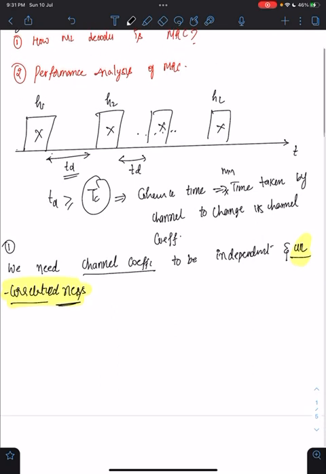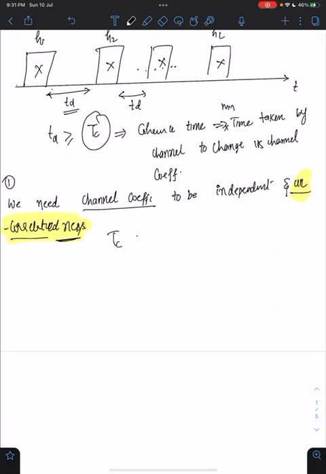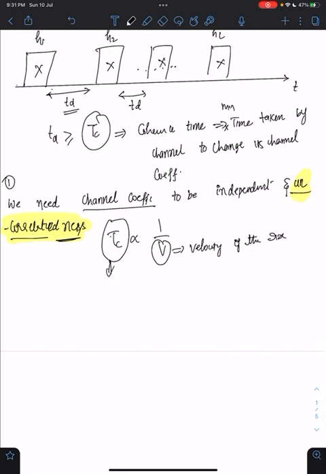We also know that TC is inversely proportional to the velocity of the receiver. One essential thing to observe here is that TC puts a limitation on the data rate of our scheme, because the lesser the velocity, the more TC will be.